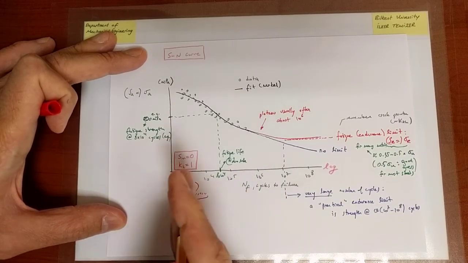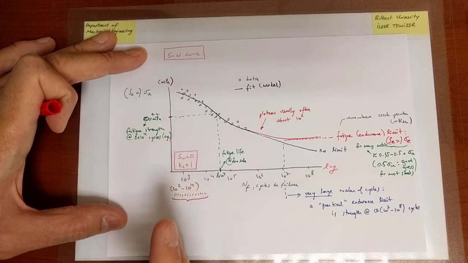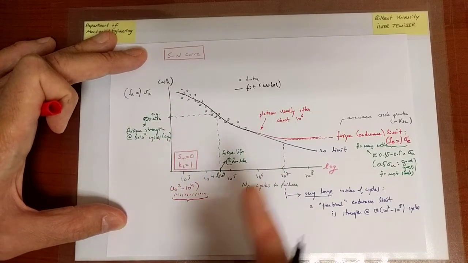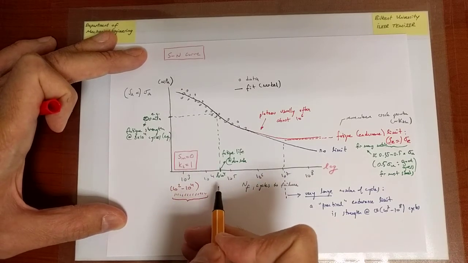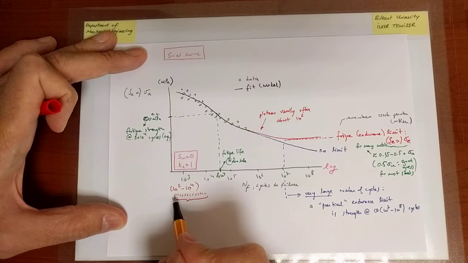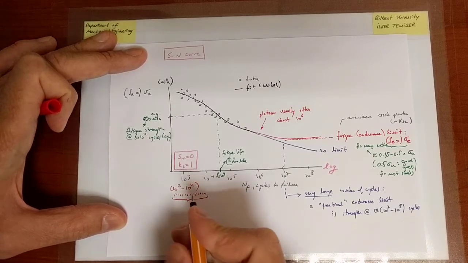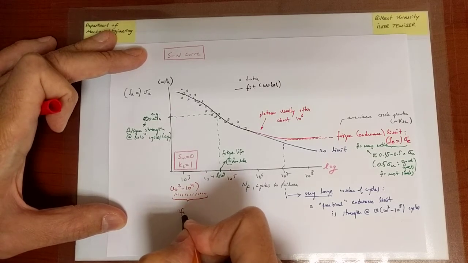So it's not exactly a very precise number. One doesn't say that, okay, beyond 10 to the 4, 10 to the 5, you talk about high cycle. It could be that 10 to the 3 is also high cycle for the type of application you're seeking. So the transition is sort of a fuzzy region.